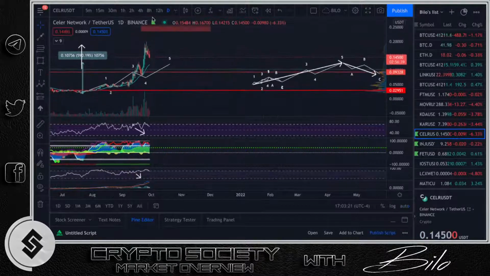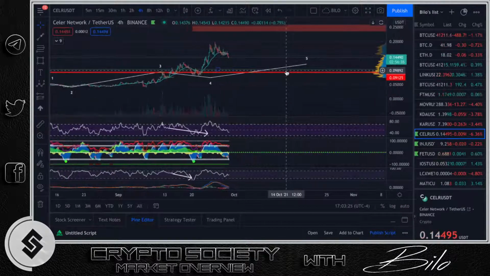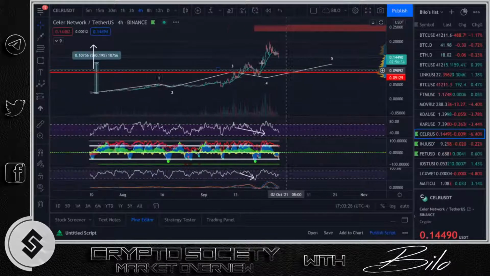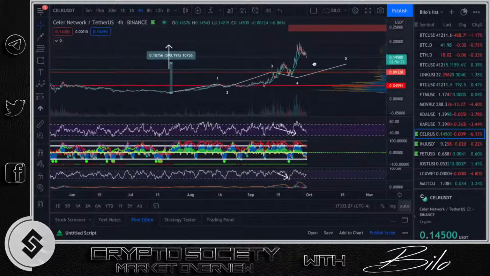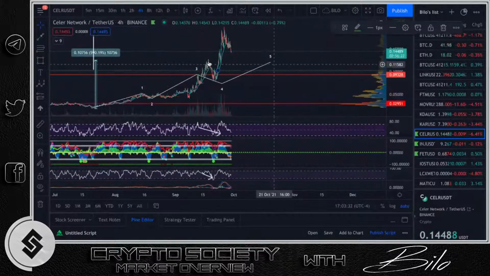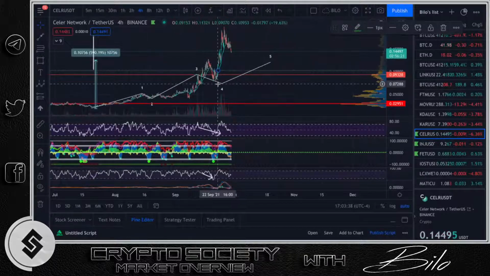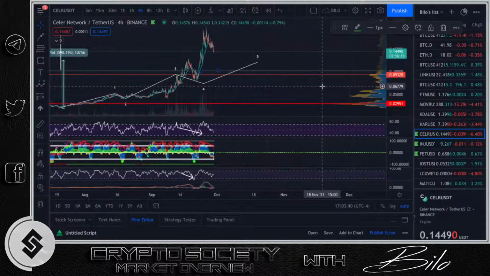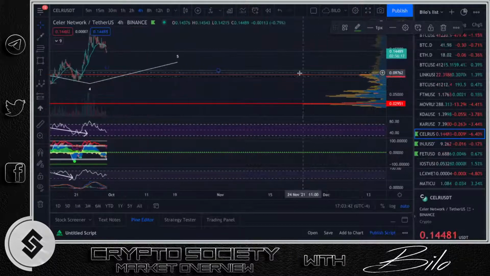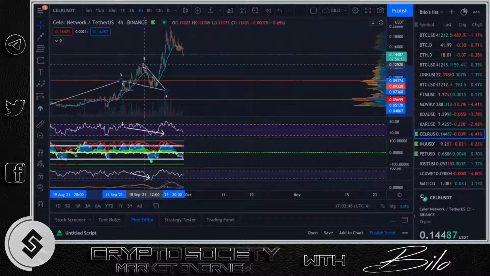Okay, but it doesn't change the wave count. So this is what I had predicted for wave 5. This is what happened. We did an ABC, and this is a new cycle now. So the old one is done. Let's move this to where it actually ended.